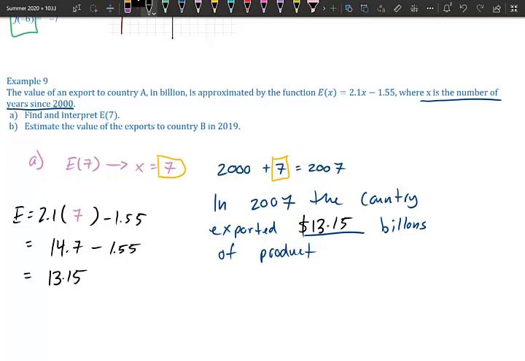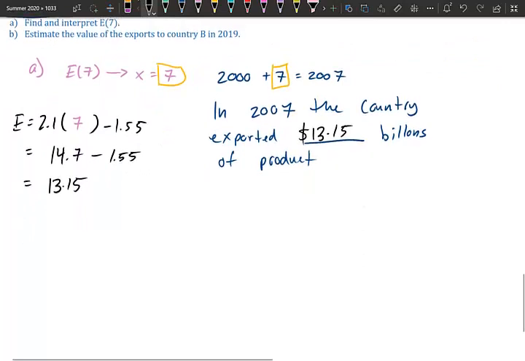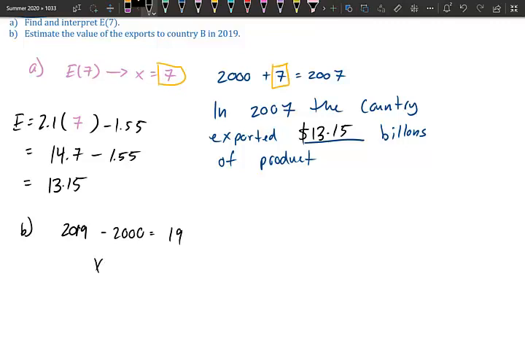Estimate the value of the exports to country A, my bad, in 2019. So we're now in 2019. How far away is that from 2000? That's 19 years away from 2000, so we subtract them. x is 19, because x is the number of years after 2000. We just plug it in: e equals 2.1 times 19 minus 1.55.